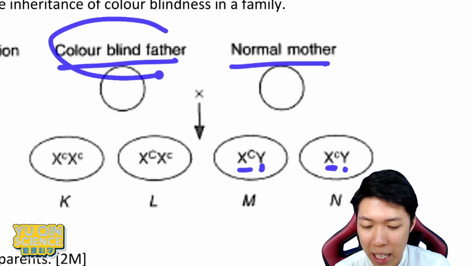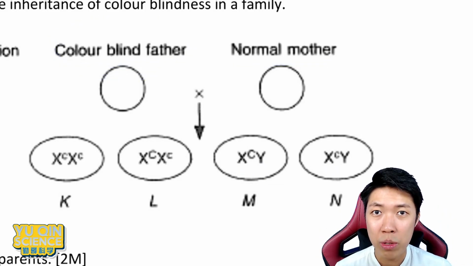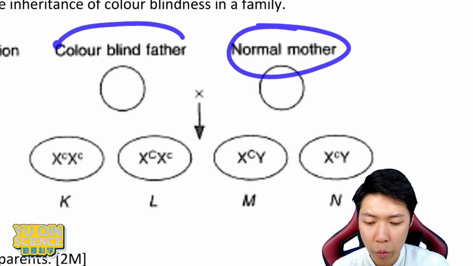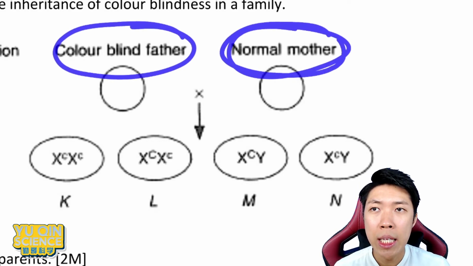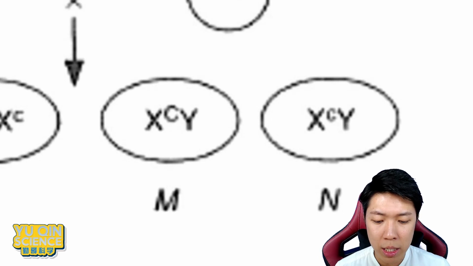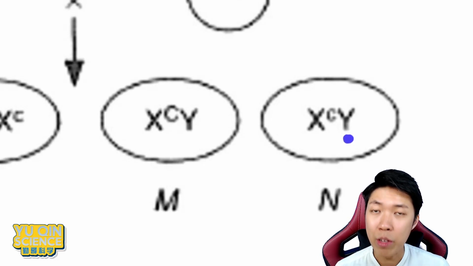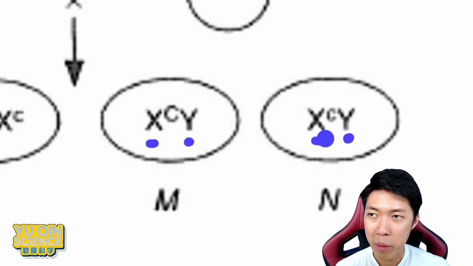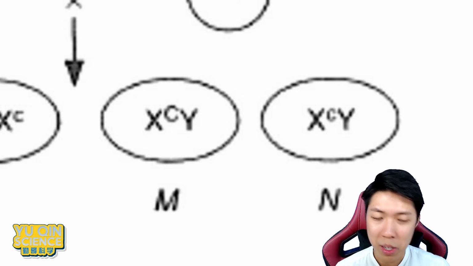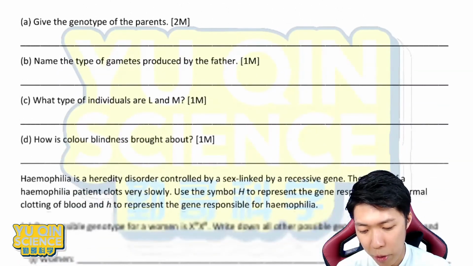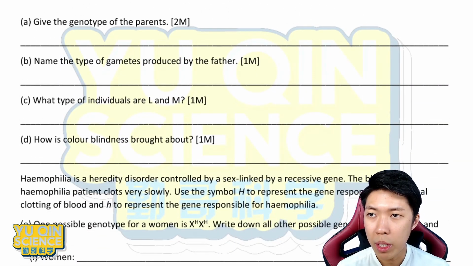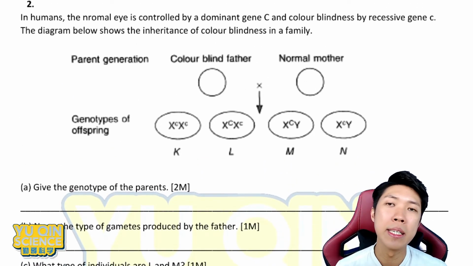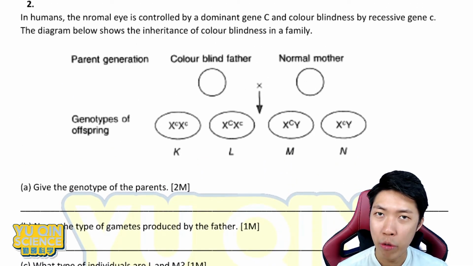It already tells you, and you should know how to write it out, it is X^C Y. Look at this, it already hints at it, but my more important hint here is from male, Y is from daddy. X must be from mommy. I think you can do that. So help yourself with the rest of the question. Not super difficult. You can try it, and answers are in the material for you as well.